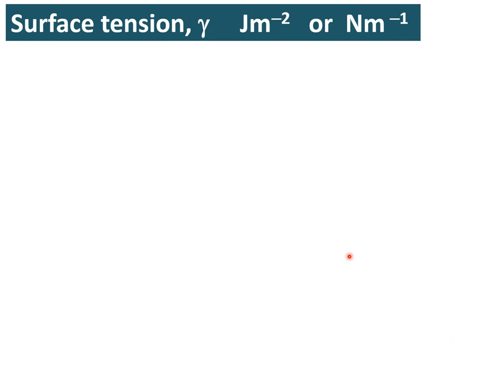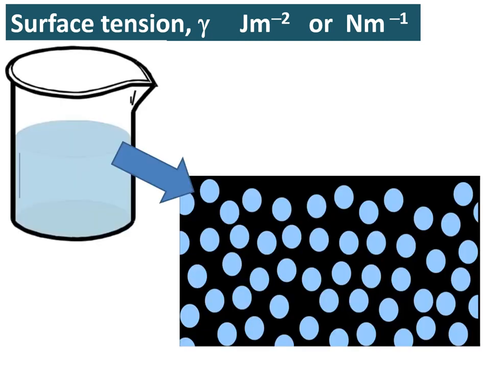Let me show you this video quickly. If you look at the water in a beaker like this, what's going on at the surface of the liquid? If you look at the micro scale, or even the nano scale, you will see that the particles are distributed in a random state, due to the kinetic energy of the particles.